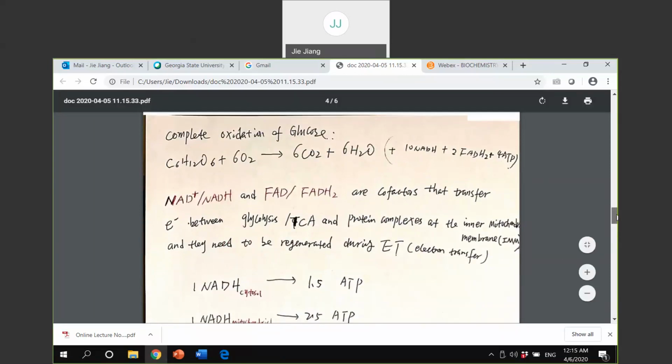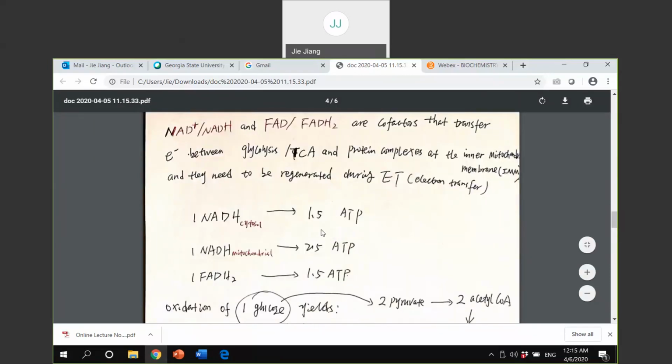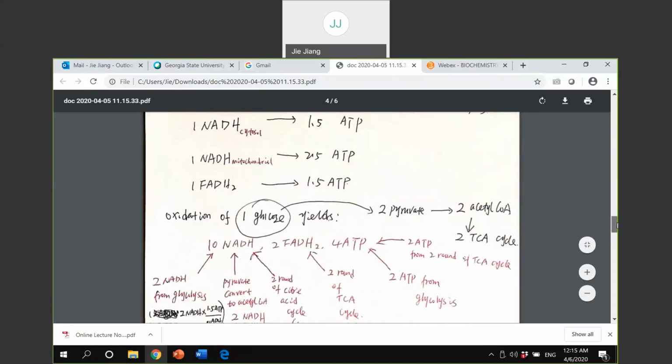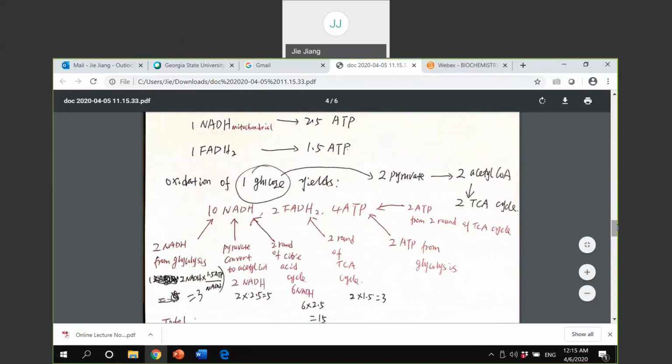Okay? And overall, now we can check why 10 NADH are generated. That seems like a lot. You don't remember we have so many NADH, but it seems yes. Why do we have this many?